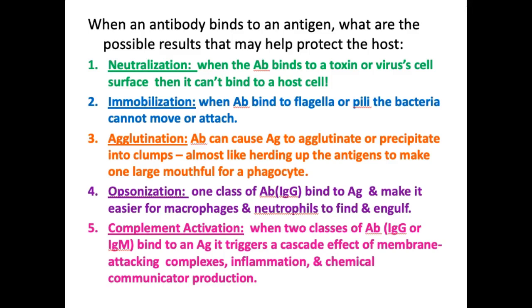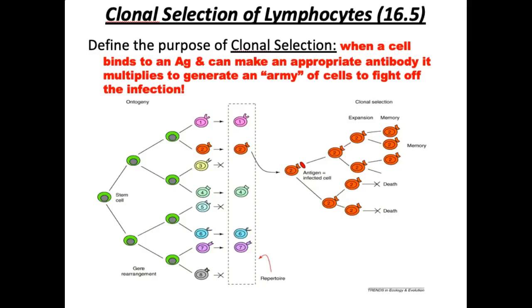And then there's what's called complement activation. That's when 2 classes of antibodies, like IgG or IgM, bind to an antigen. When that happens, it triggers a cascade effect of membrane attacking complexes, inflammation, and chemical communicator production. So it's a very complex process.